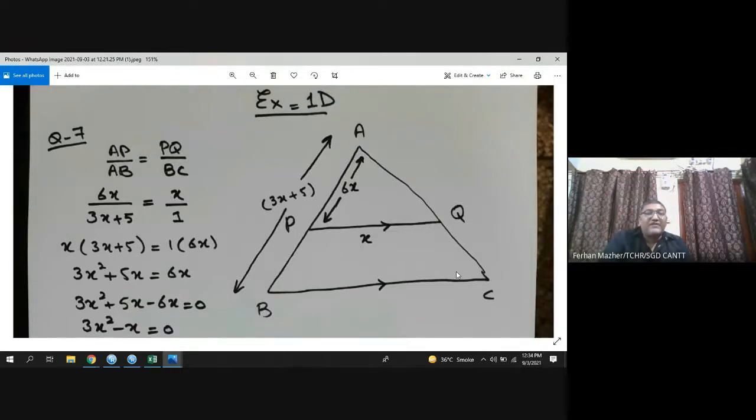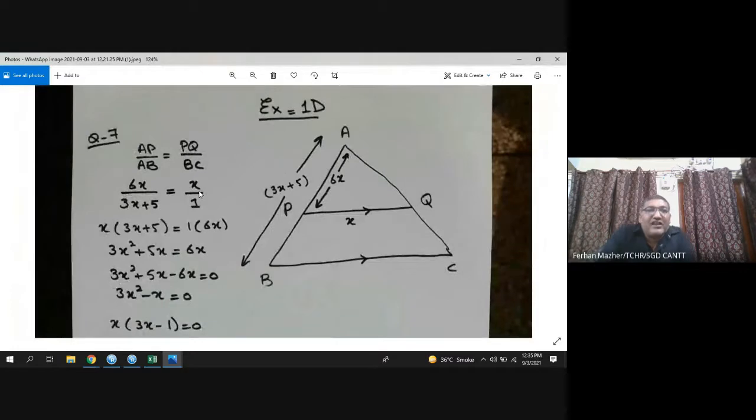In question number 7, it is given AP by AB is equal to PQ by BC. I will just put the values. AP is 6x, AB is 3x plus 5, PQ is x, and BC is 1. You just put these values and cross multiply here.